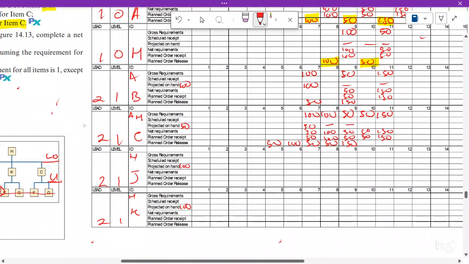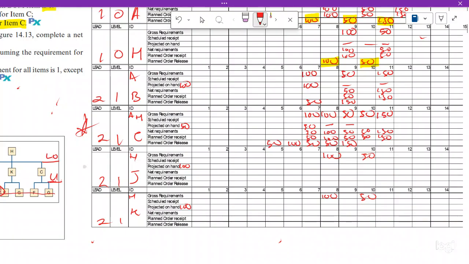So this is what you were going to get for C. Meaning that if I want C, this is what you produce. Then this one receives from H. This one receives from H. Look at H there. It's 100, right? 150 there. This one also 150 there.